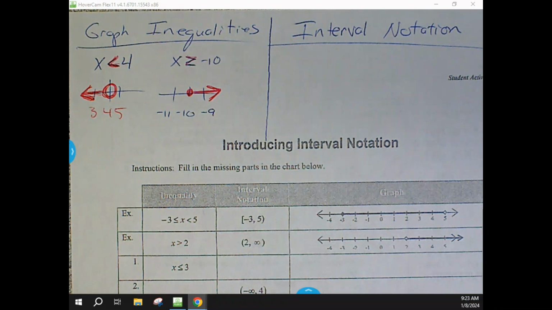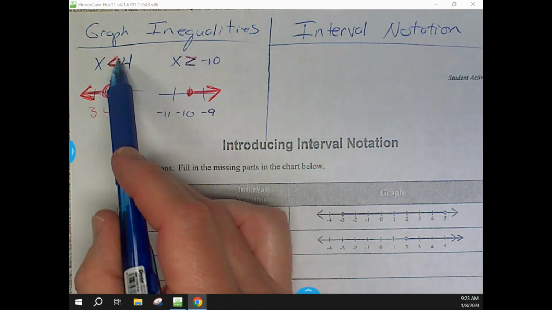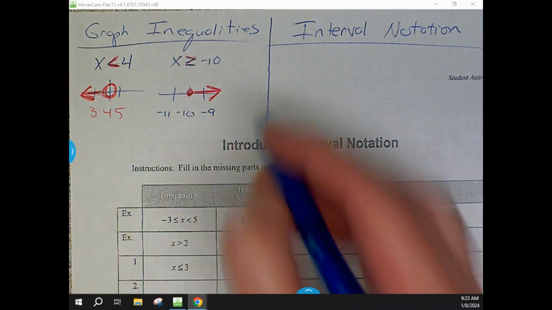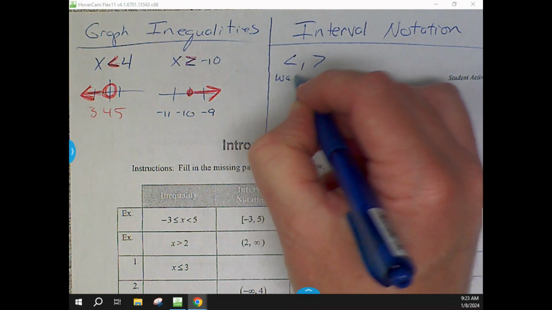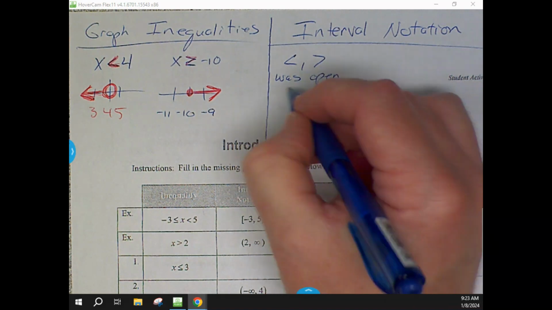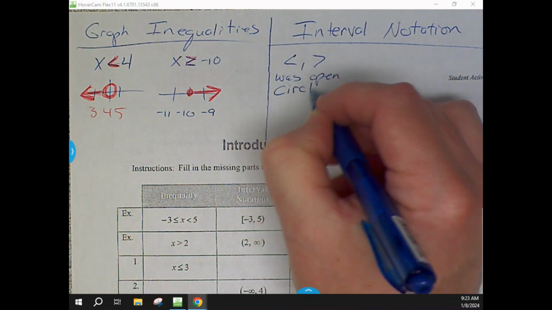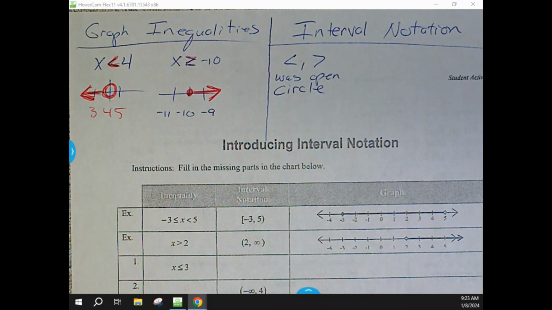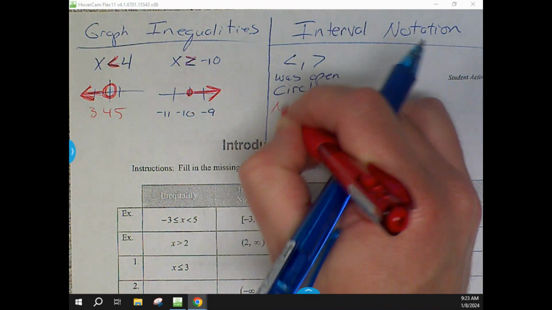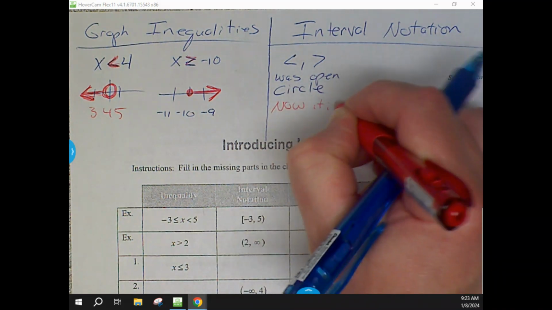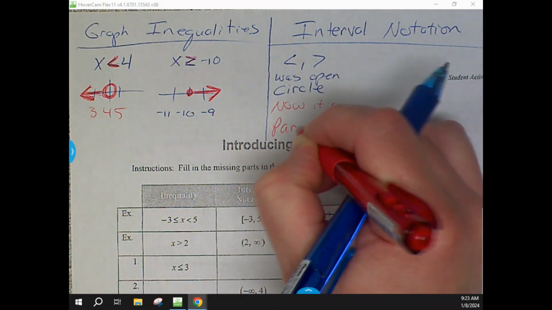So the biggest thing is that before, if we're graphing inequalities, we have our less thans and our greater thans here, that this was an open circle. But in interval notation, now it's going to be parentheses.